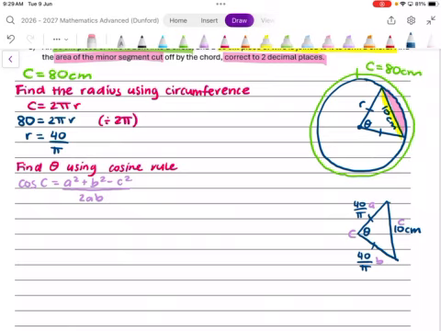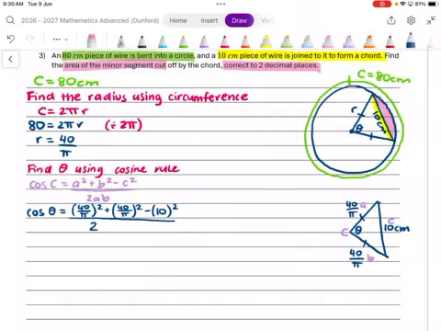So that means we're going to have cos theta equals 40 on pi squared plus 40 on pi squared minus 10 squared all over 2 lots of 40 on pi, lots of 40 on pi.